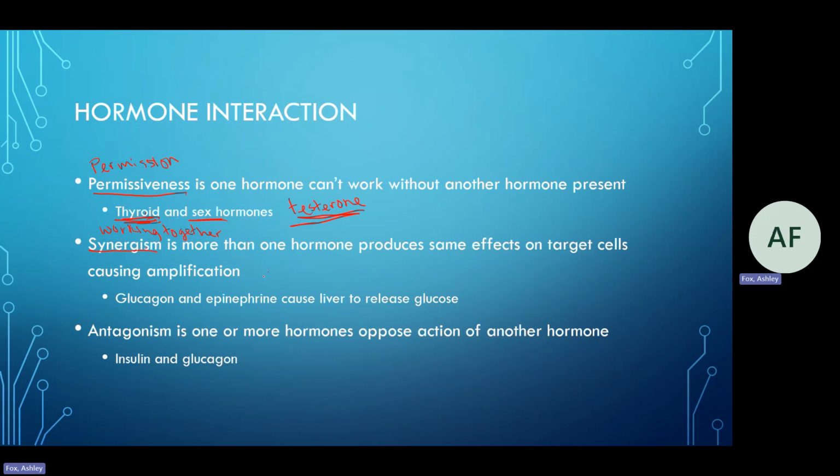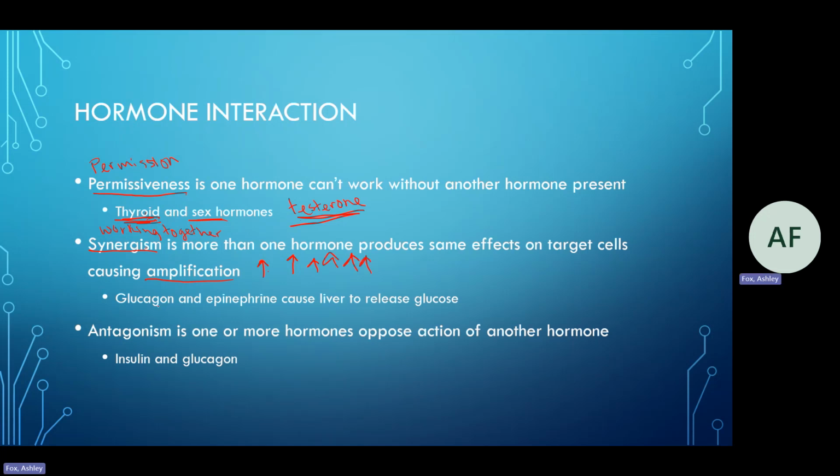So if one hormone has an increase in something, and you have another hormone that does the same thing, well, now you've doubled your effect. So you don't need to increase the level of just one hormone or the other. You can just release both and you can have the same effect. So it's called amplification, meaning you're increasing the same effect and making it more exaggerated.